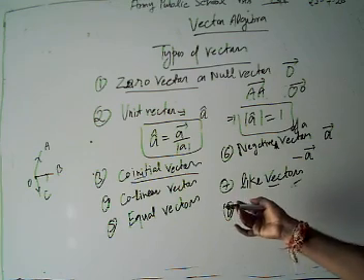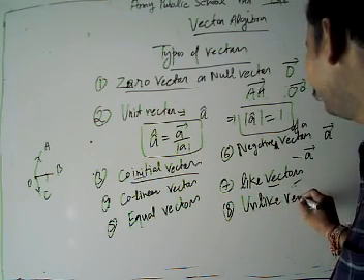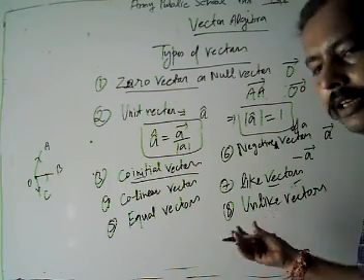Then the next one is unlike vectors. Obviously, it is the reverse of like.